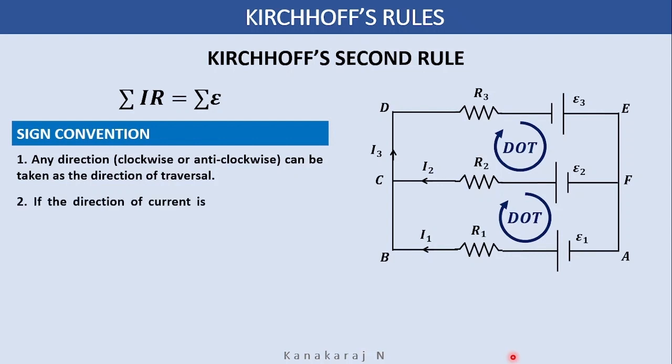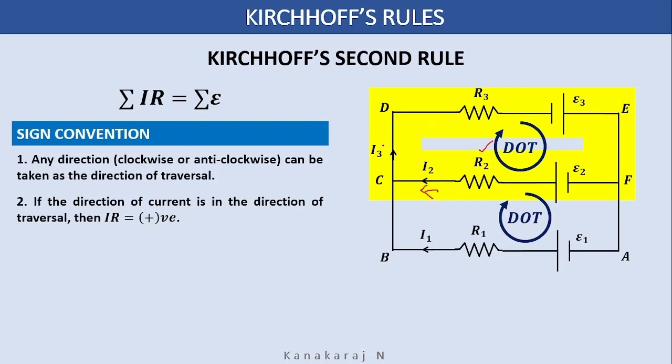If the direction of current is in the direction of traversal, then IR is taken as positive. Good. Let us consider a loop here. In this loop, the direction of I2 is in the direction of traversal, so I2R2 is positive.